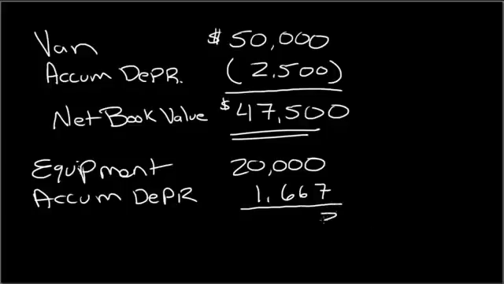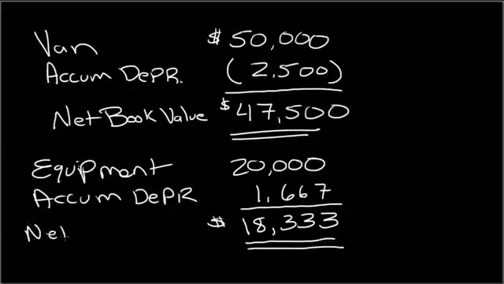And so we're going to have a book value of, and I hope this is right, 18,333. And this would be the net book value of the equipment. And again, sometimes it's referred to not only as net book value, but as assets net of accumulated depreciation. But this is the value on our financial statements. All right, we're done with the depreciation adjustments, and we will keep moving on.